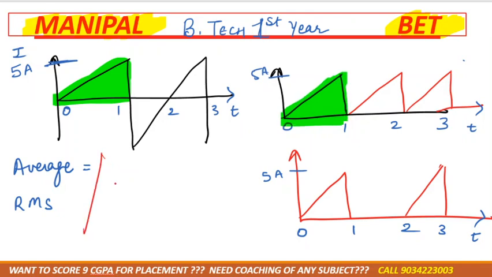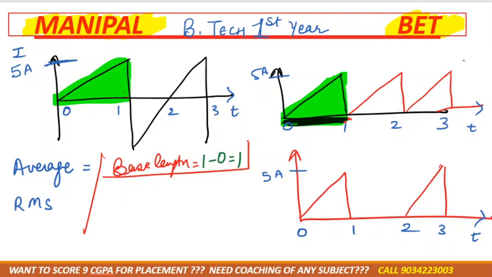Kinds of base length: here the base length is 1 minus 0, that is equal to 1. For this one, the base length is different. Got it?